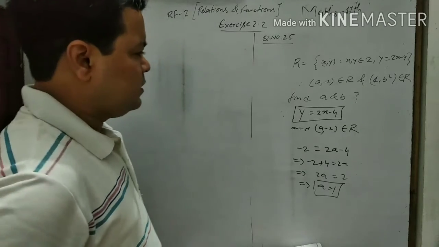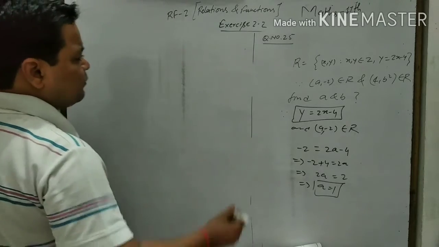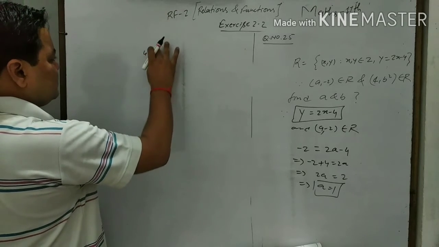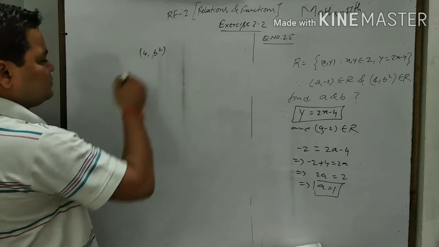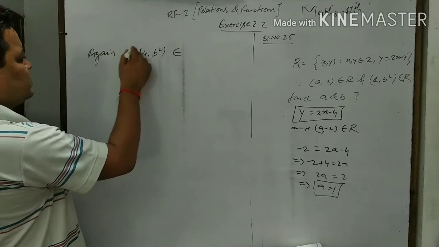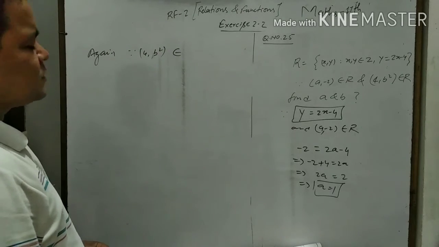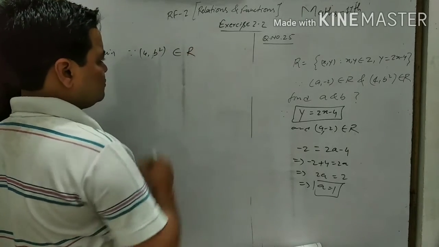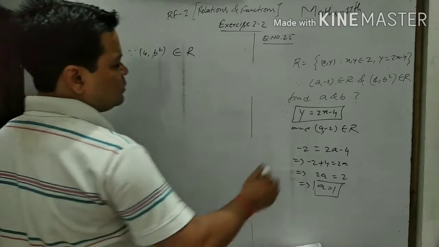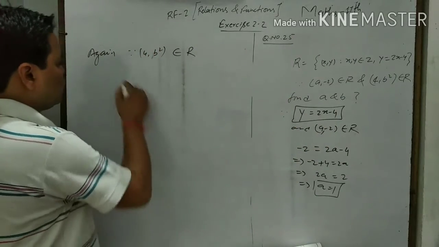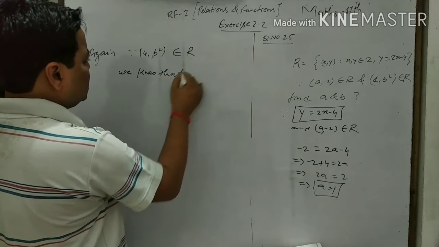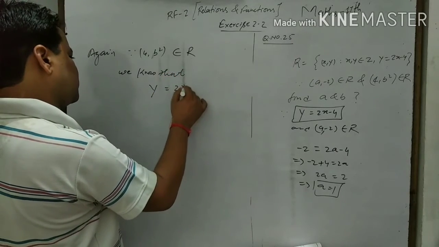Okay, let us see the second part. Again, (4, b²). Since (4, b²) belongs to R, and we know that y = 2x - 4, the second term is equal to 2 into the first term minus 4.